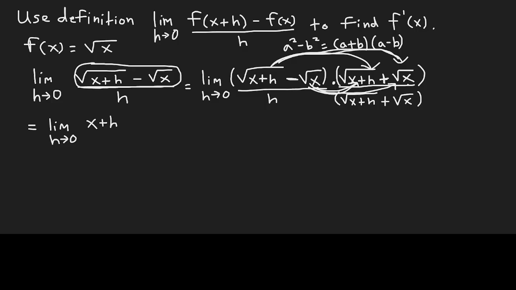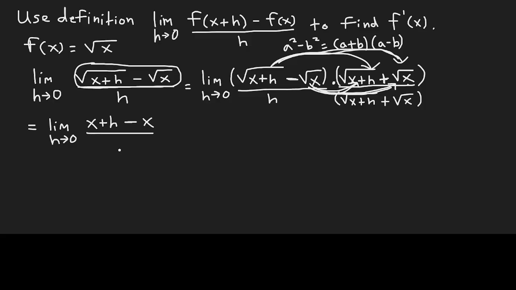All we're left with is the last terms: negative square root of x times positive square root of x. That gives us minus the square root of x squared, which is just x.